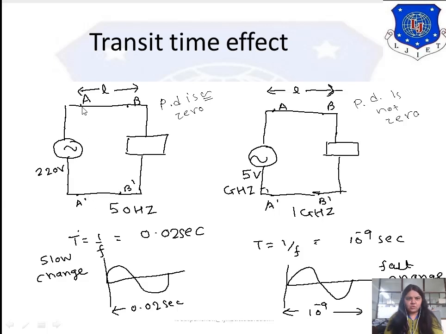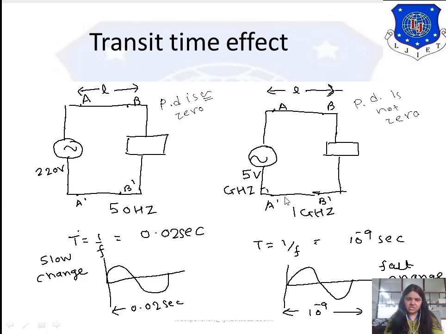So whenever the sinusoidal wave passes from point AA dash to BB dash, there is not much change in the voltage across this particular line. So there is no change in the voltage, and the potential difference is nearly equal to 0.